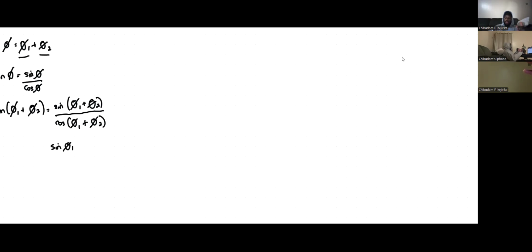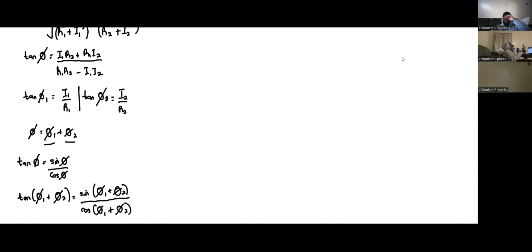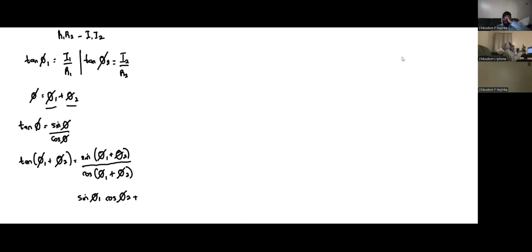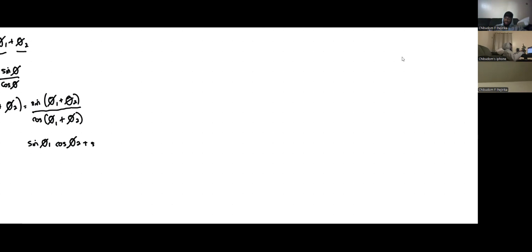Sine that, multiplied by cosine this. Like I was saying, we just flip. So I1 is sine this, and R2 is cosine of this, really. So now we have sine 2 cosine 1. It's that direct.